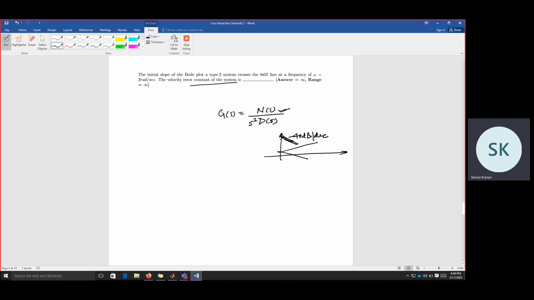The frequency response of the Bode plot of G(s) will be the sum of these three plots. So the initial part of the plot will be minus 40 dB per decade, and the point at which this initial slope crosses the 0 dB line is omega equal to 2 radian per second.